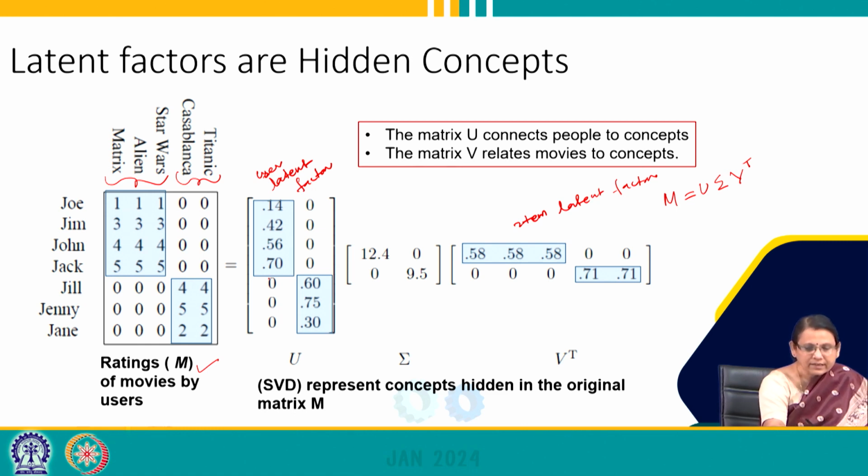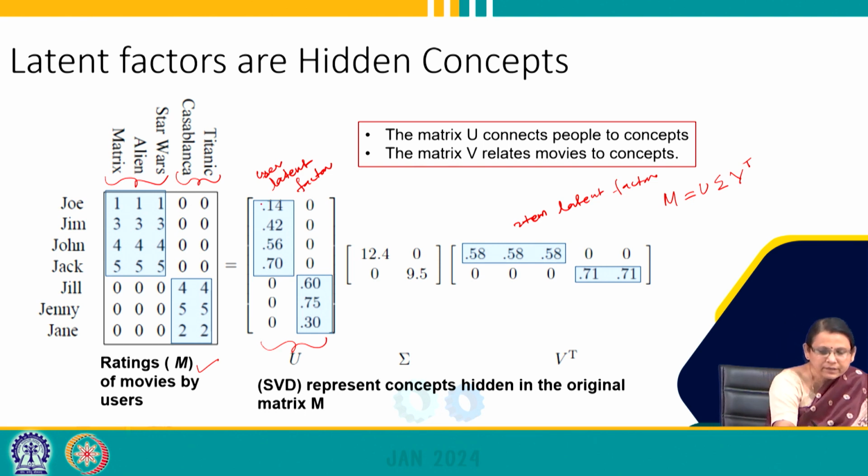In this particular example, which is of course very purposefully designed, the first 4 people, based on only the first latent factor, can be understood to have similar choices. Similarly, for the second 3, from the second component, you can know that they choose the second genre of the movie.